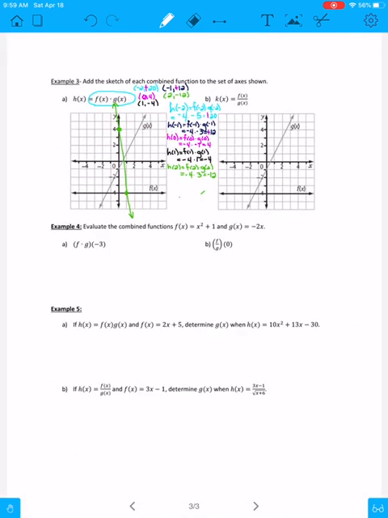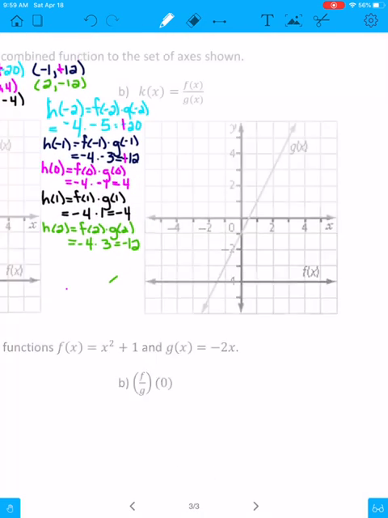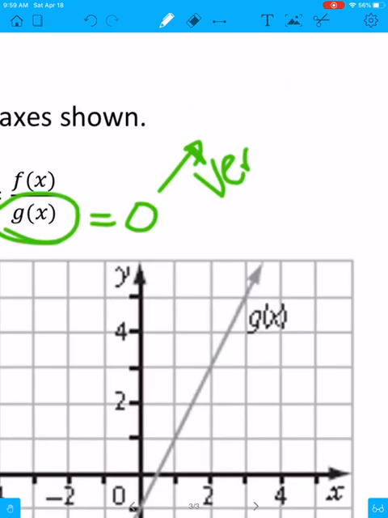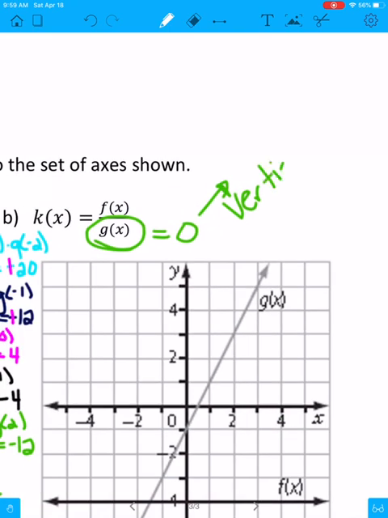All right. With division, we have f of x divided by g of x. The catch is the very first thing I always do is I look for where g of x equals 0. Because wherever g of x equals 0, I'm going to get a non-existent value, so I'm going to get a vertical asymptote.